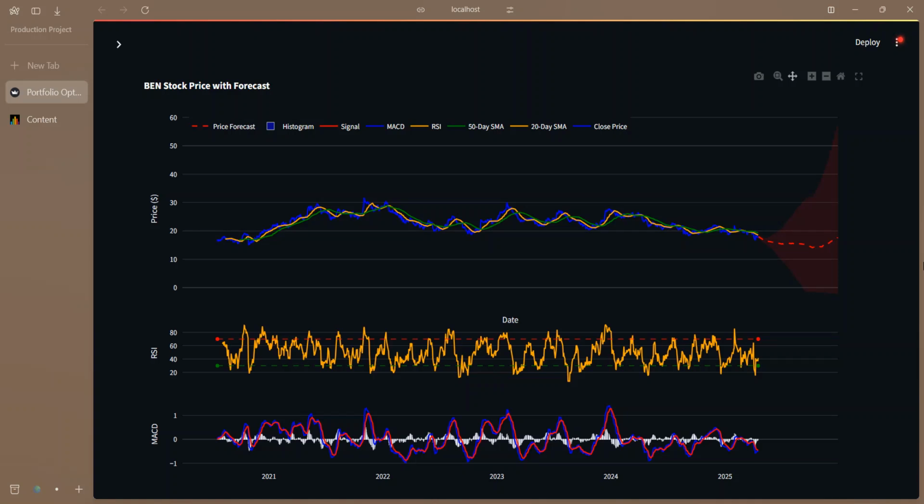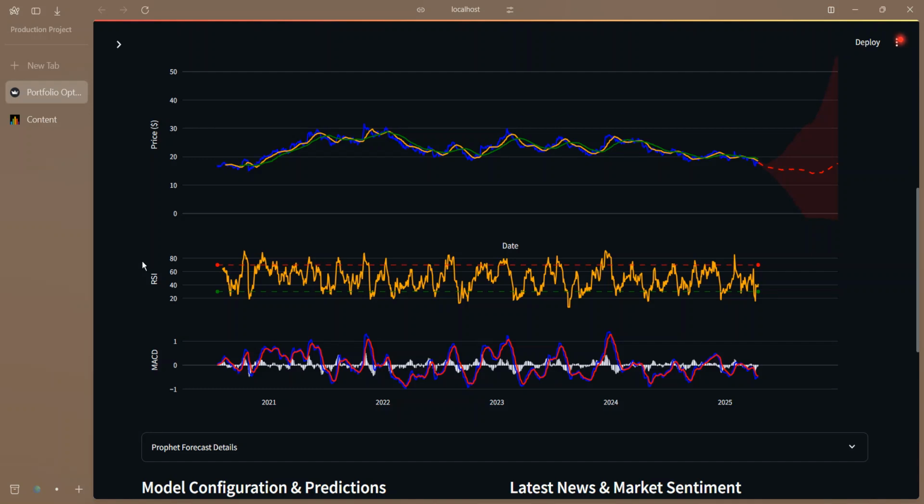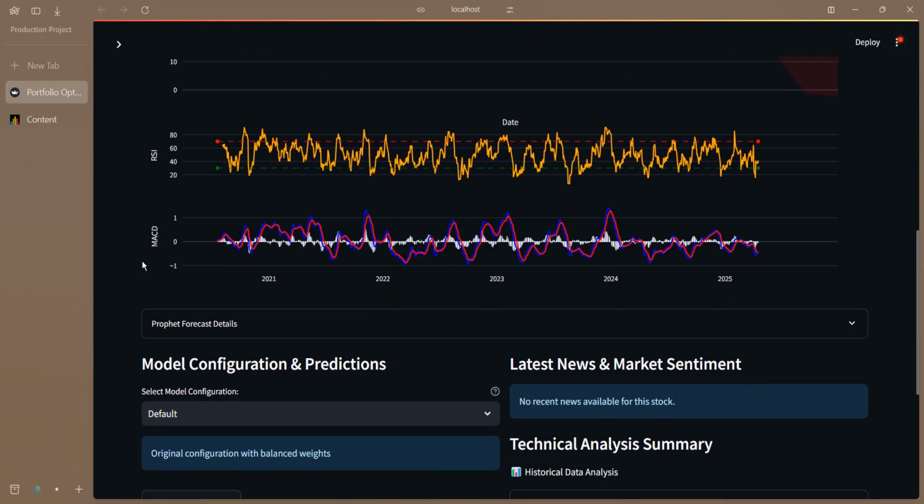And over here we have some other indicators. Obviously the RSI, the relative strength index, to see whether the stock is oversold or overbought, and the MACD also. It's basically a histogram where we compare the actual signal and the MACD.